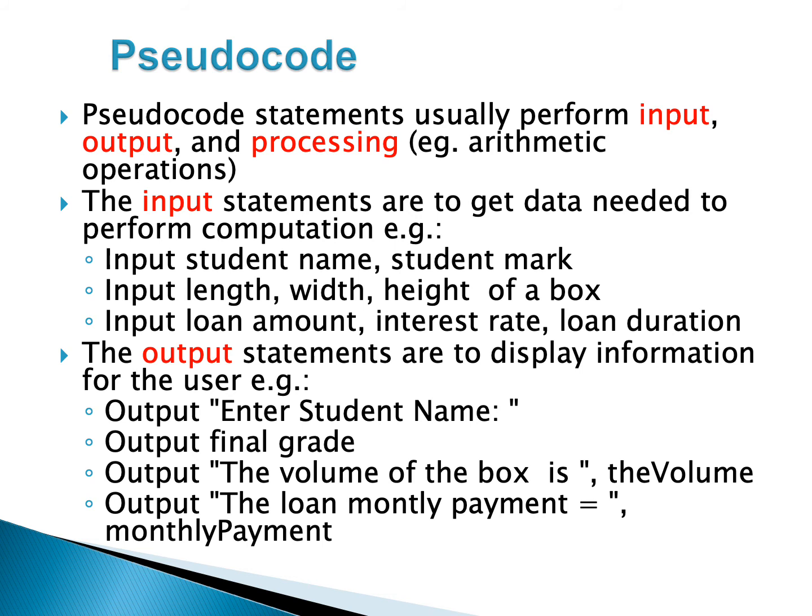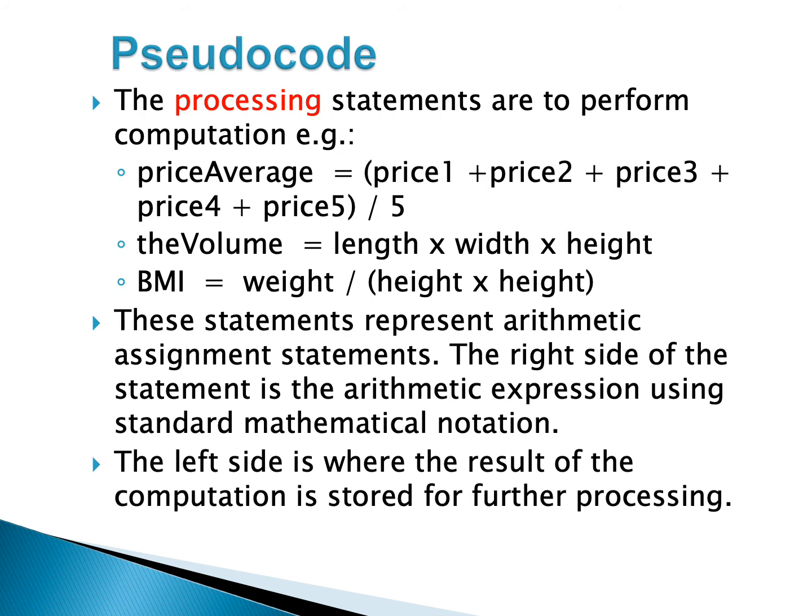The output statements are to display information for the user, for example, output the sentence "Enter the name", output the value of the final grade. An example of processing is doing some kind of arithmetic operation, such as calculating x plus y. Pseudocode can be seen as the unrefined or draft of your code without writing the proper code yet. It closely represents the flow of your code.